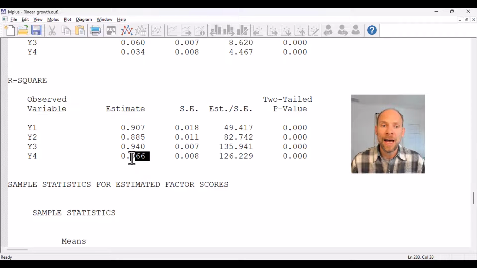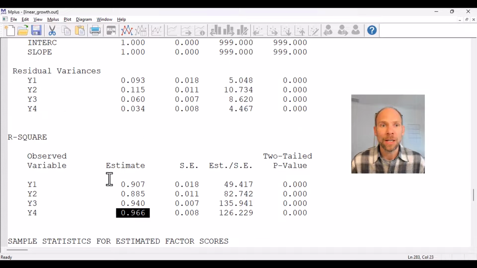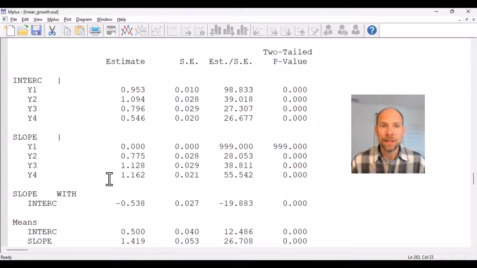They are high, some of them, but none of them are improper or greater than 1. Also, Mplus for this model does not issue a warning message, which it would for any kind of improper solution, where it would tell you that there's something wrong with your model. So, interesting. We have standardized loadings greater than 1, but here they are not a problem.